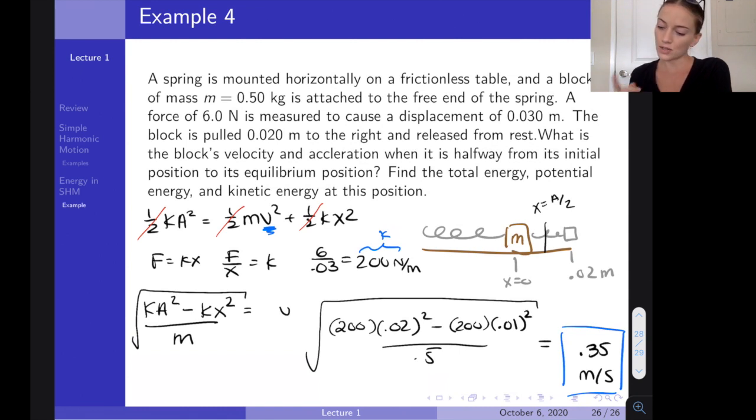Since we started out here, and let's call this direction the positive x direction, directed towards the right, and our block is moving back to the left, it's moving in the negative direction. So our velocity is oriented in the negative x direction, so we should really put a negative sign there.